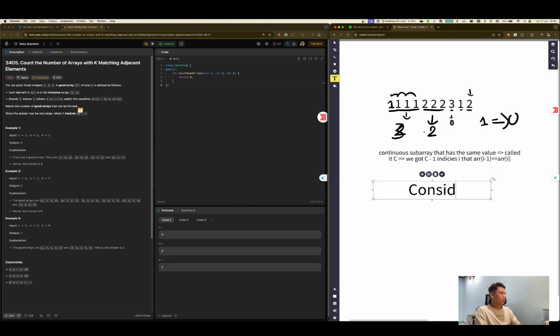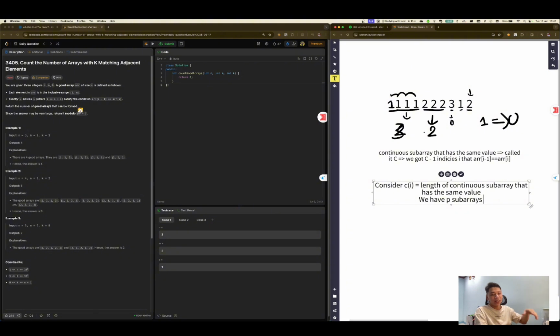So let's consider c_i, the length of a continuous subarray that has the same value, and assume that we have p such subarrays.